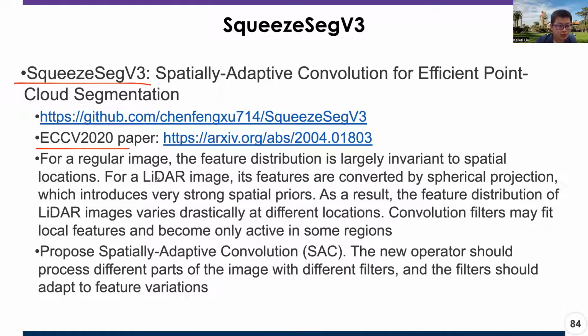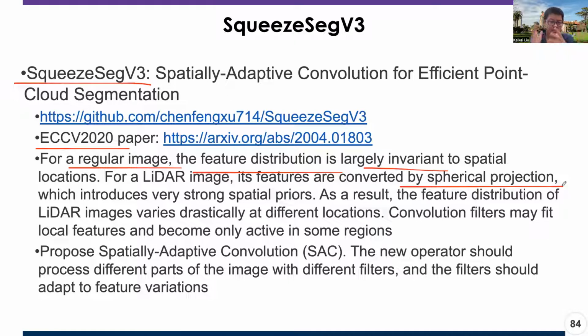Then SqueezeSegV3 also identified some challenges. For a regular image, the feature distribution is largely invariant. You have a distribution of RGB three channels, and for different images, the color or feature distributions are similar. But for LiDAR, the features are the angle information.